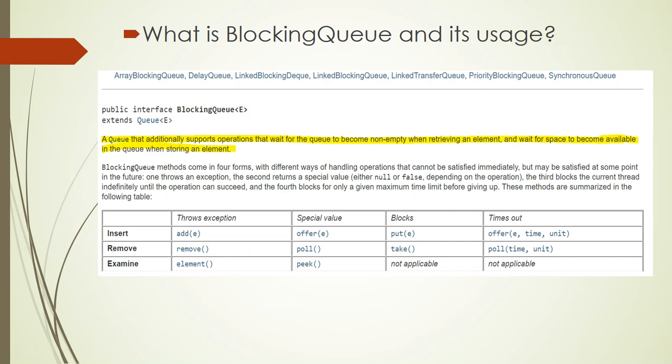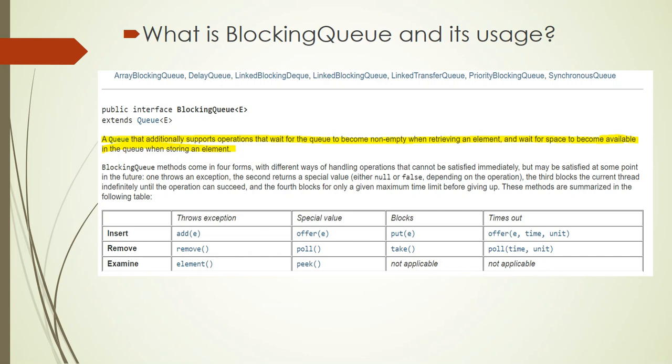A queue, as you know, is one in which from one side we can insert and from the other side the data can be pulled out. But the basic difference between a normal queue and a blocking queue is that it has a fixed length, and in case the size is full, the thread which is inserting into this blocking queue will have to wait.